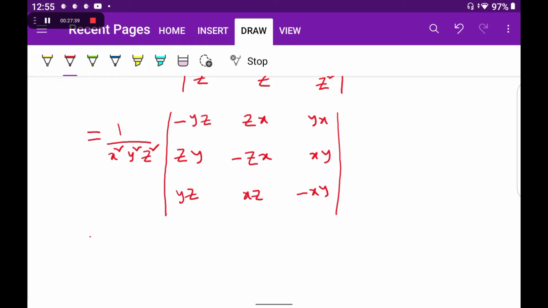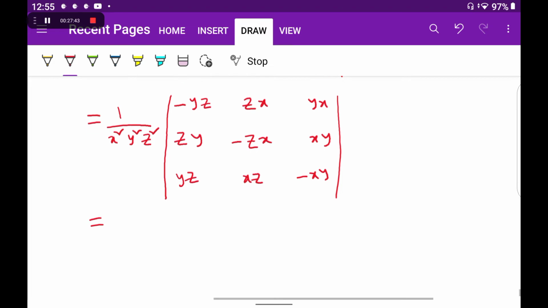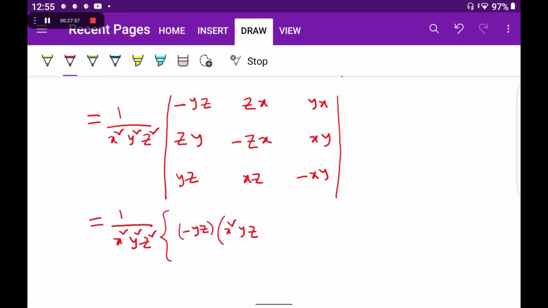So if you simplify this determinant, you will get 1 by x square y square z square into minus yz into x square yz minus x square yz. Right? Both are cancelled.